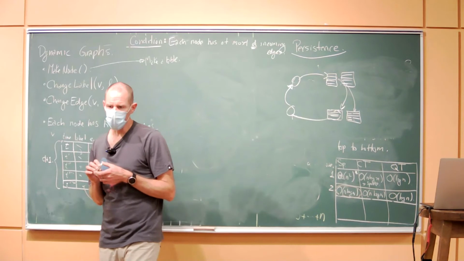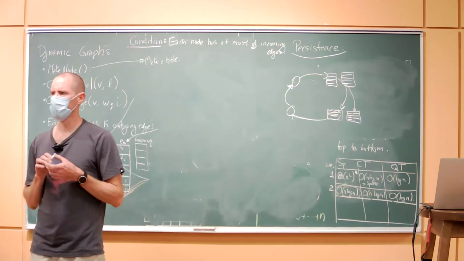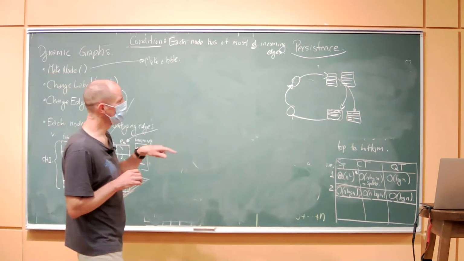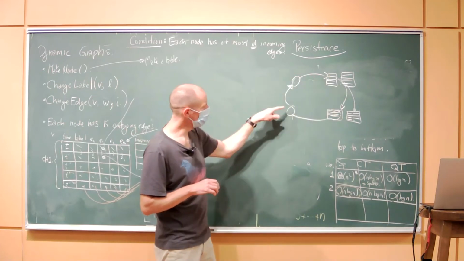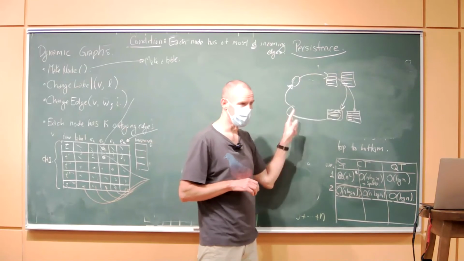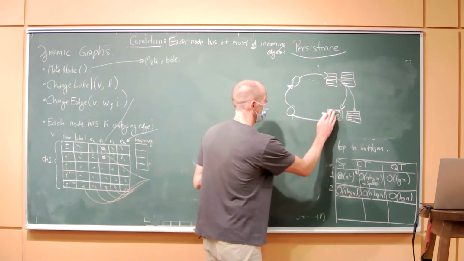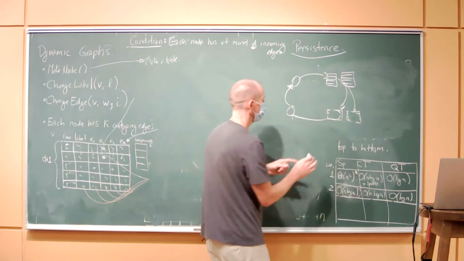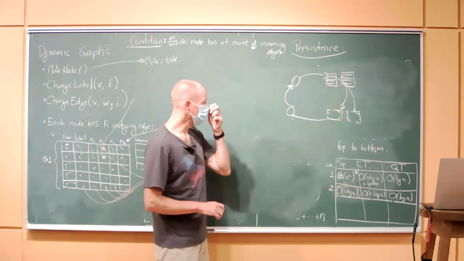Maybe, but that's not the clue to stop. Here, for example, I think you can maybe see why this doesn't go around forever, and I'll tell you why. This graph is just a cycle. The max in-degree is 1.